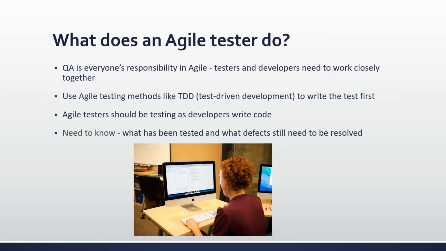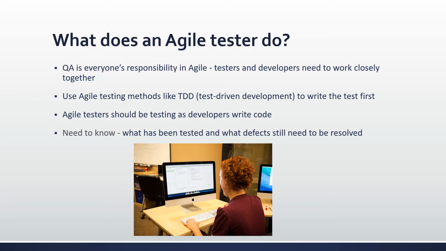So what does an Agile tester do? QA, which is quality assurance, is everyone's responsibility in Agile. So Agile testers and developers need to work closely together, and communication and collaboration are key. Agile development is often driven by tests. Developers use Agile testing methods like TDD, or test-driven development, to write the test first.